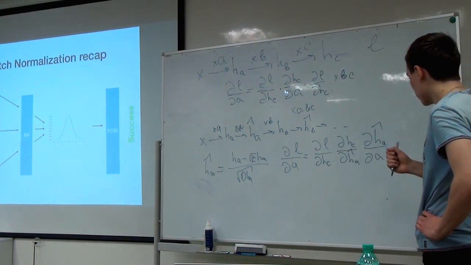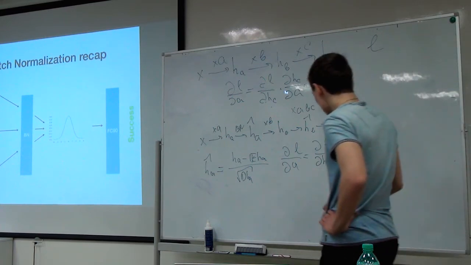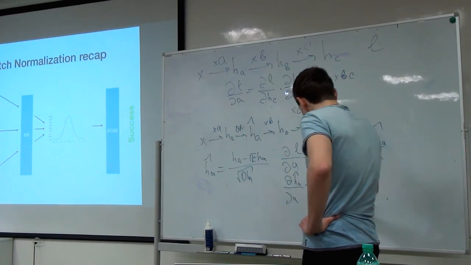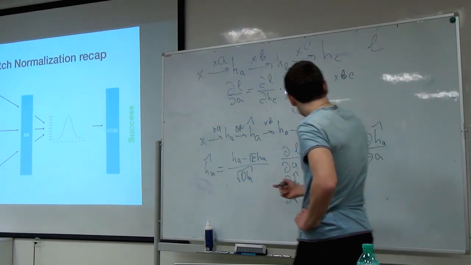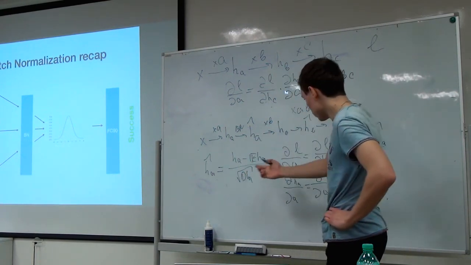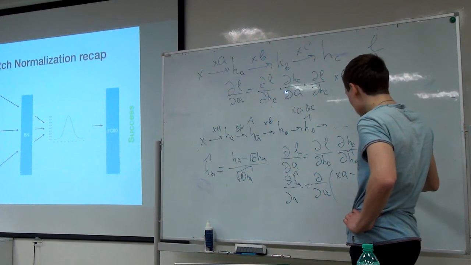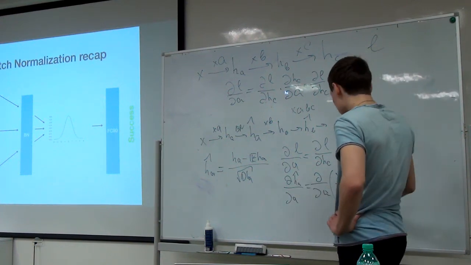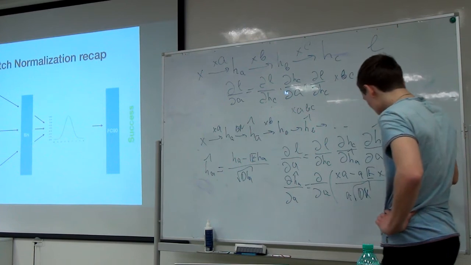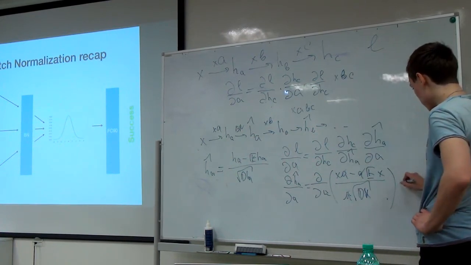Let's consider the last term here. HA equals x minus the expectation of x, divided by the square root of the variance of x, and A disappears, and this is equal to 0.